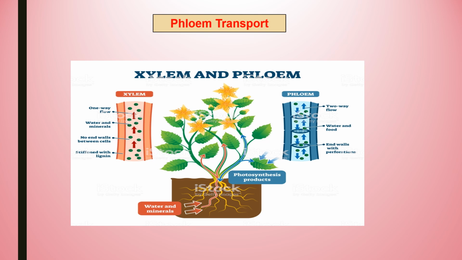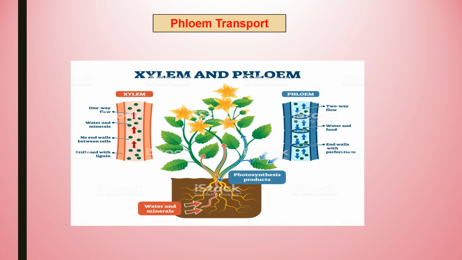But the source and sink may be reversed depending on the season or the plant's need. In some seasons the leaf does not prepare food. At that time the stored food is distributed to all parts of the plant.